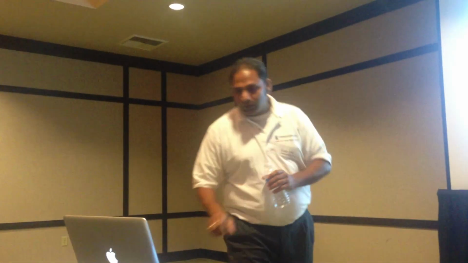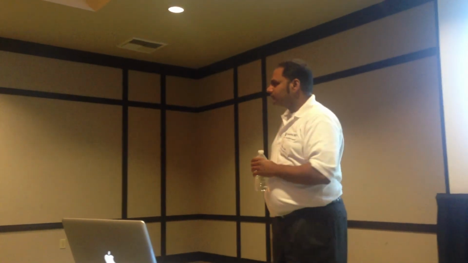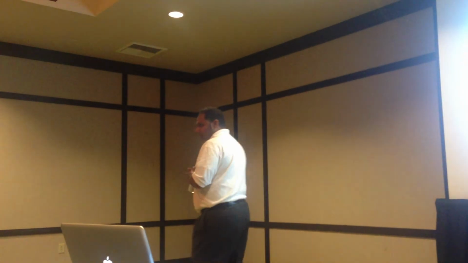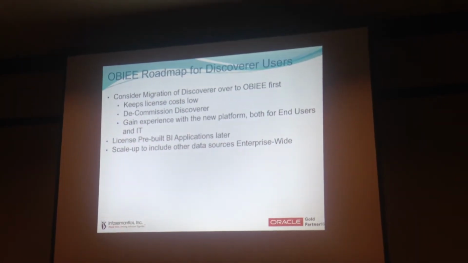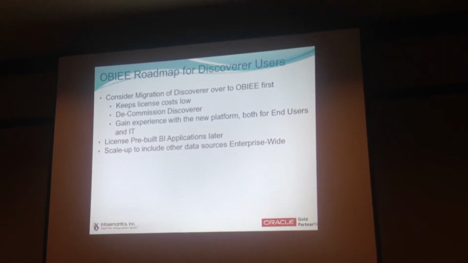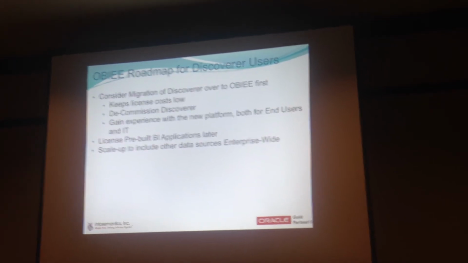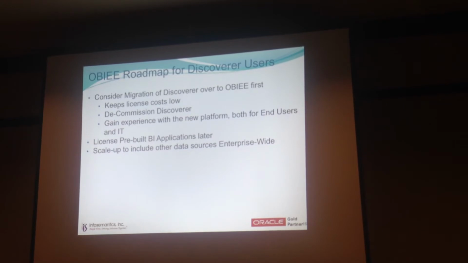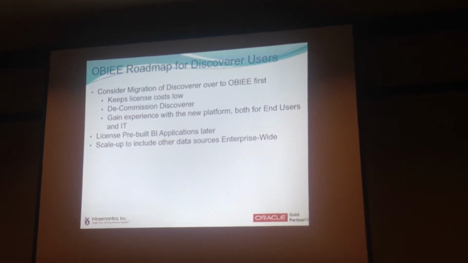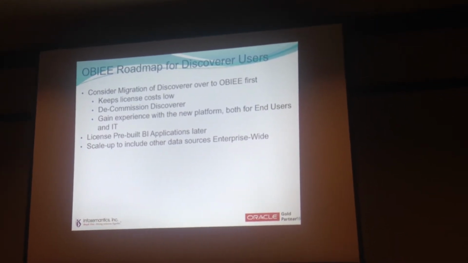On that slide you mentioned to consider migration of Discover to OBIEE to keep license costs low. How does that help? So what we're trying to say is, do not bring in the BI apps along with OBIEE if you have to.